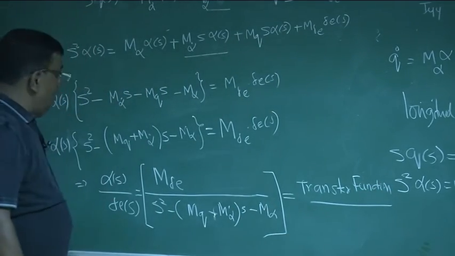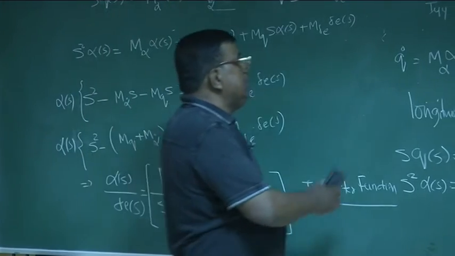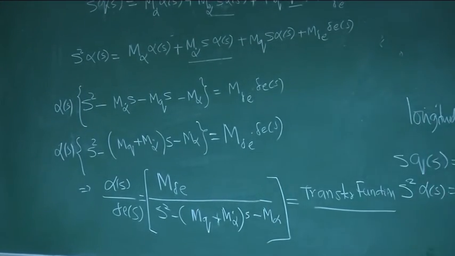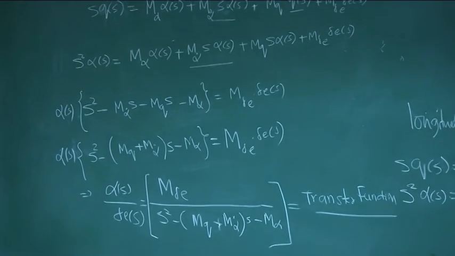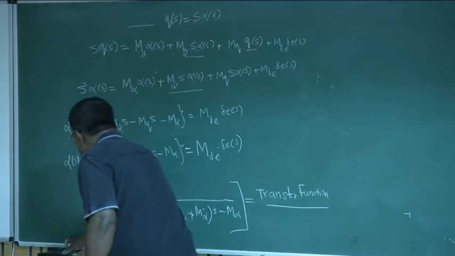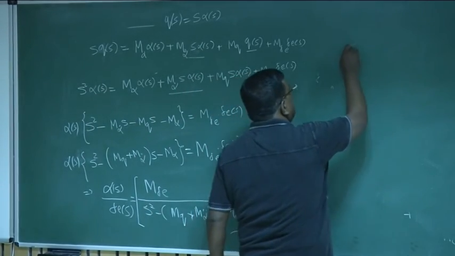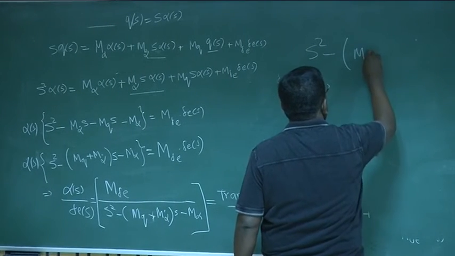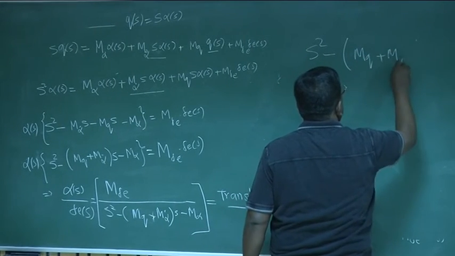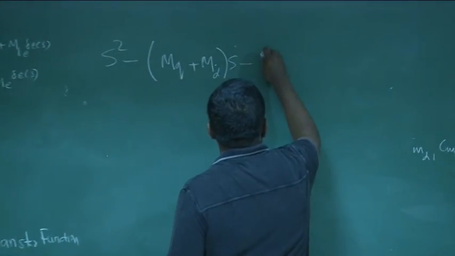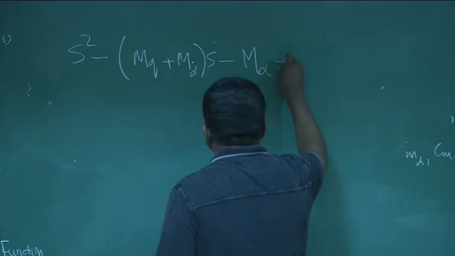Now if you want to find out natural frequency and damping ratio for pure pitch longitudinal motion, this is very, very straightforward. You know that the characteristic equation is S square minus MQ plus M alpha dot S minus M alpha equal to 0.